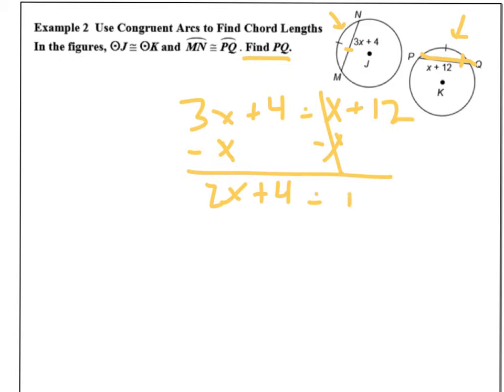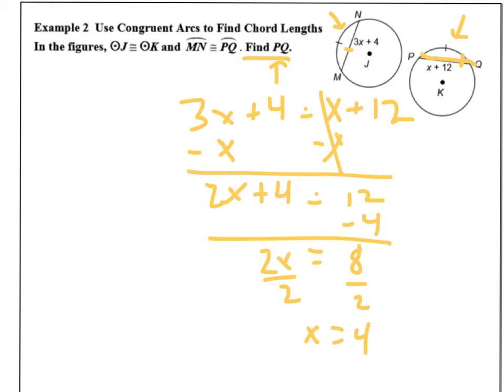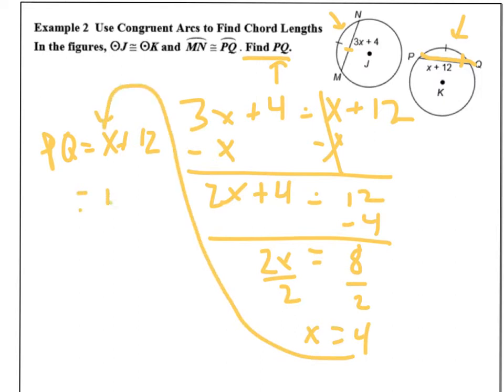Then you minus 4 to this side, and you get 2x equals 8. Divide by 2, x equals 4. Now remember, we are trying to find PQ, so PQ is x plus 12, and the x we know is 4, so it's 4 plus 12, or 16. Pretty simple stuff.